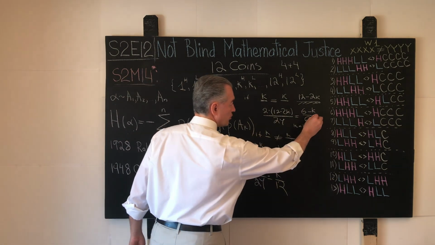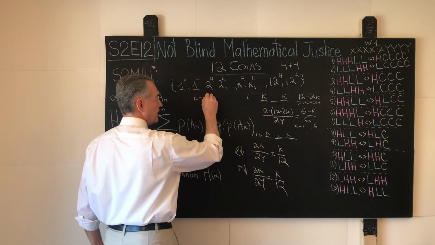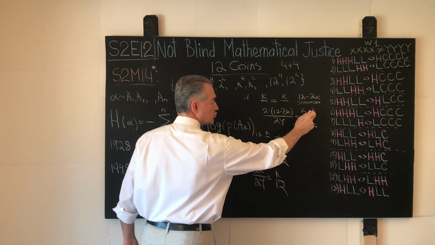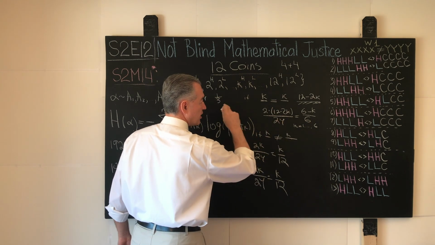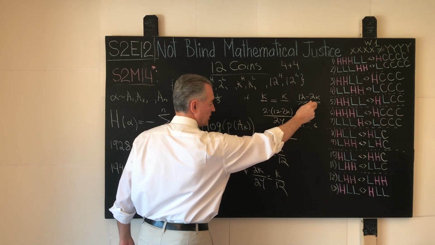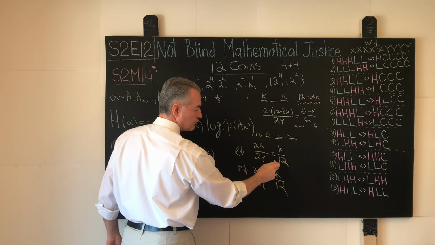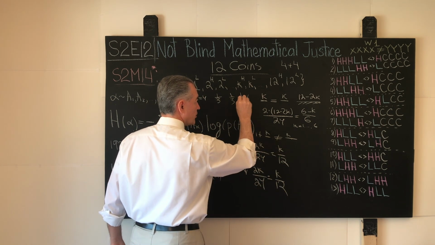We already know what's going on. k equals 4. When k equals 4, let's write it down over here. k equals 4. 6 minus 4, 2. 2 over 6, 1/3. And that's the probability of the coin being fake on the table. And then k, 4 over 12, also 1/3 in either case. So 1/3, 1/3, 1/3.